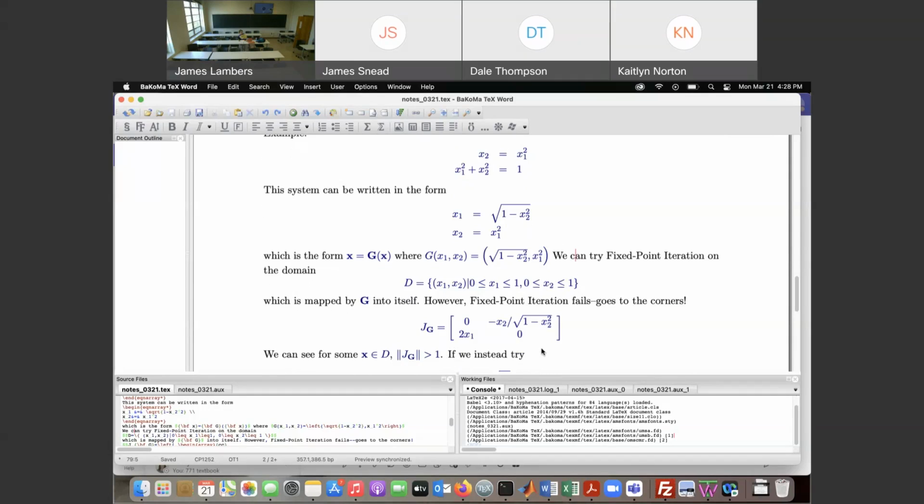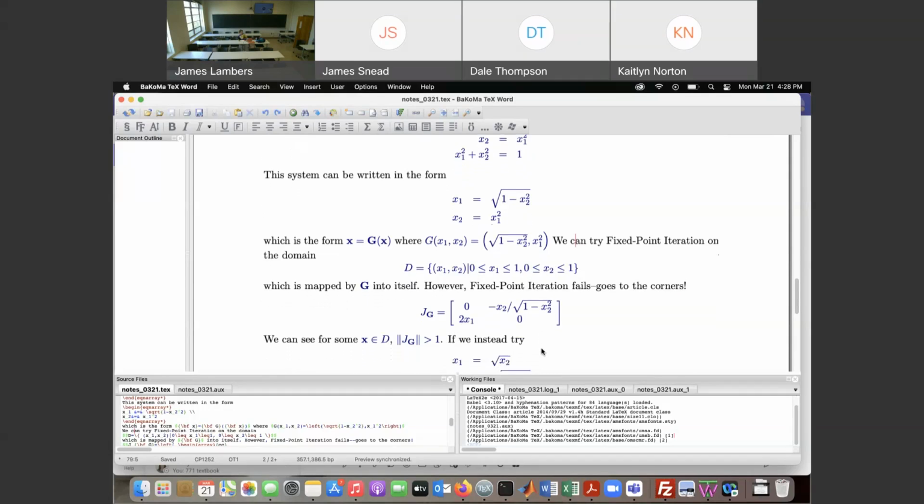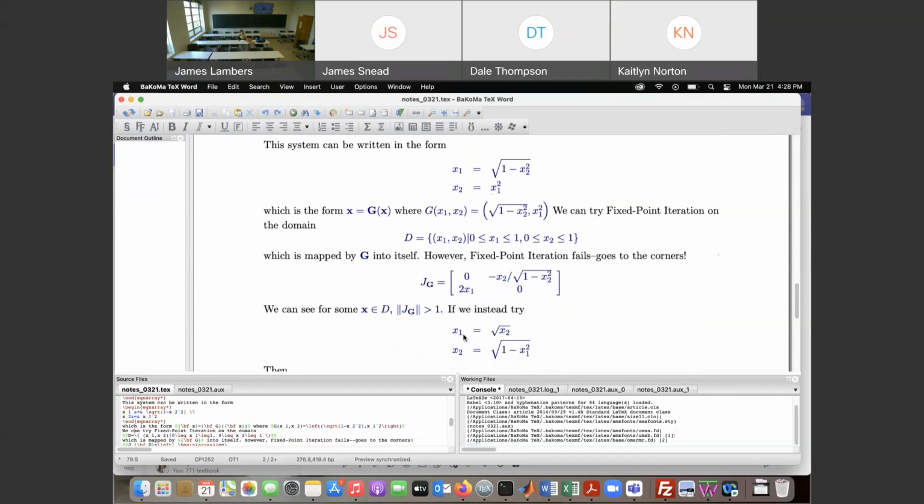So let's reconsider our choice of g, where I take the first equation of the original system and solve it for x1, and then here I'm rearranging the other equation to solve for x2.